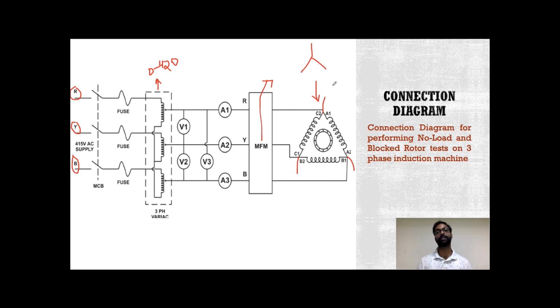So A2, B2, C2 will be shorted, and A1, B1 and C1 will be here. These are the stator terminals which are connected directly, and here is the rotor. I hope the connection diagram for performing the no load and block rotor test on a three-phase induction motor is clear to you.